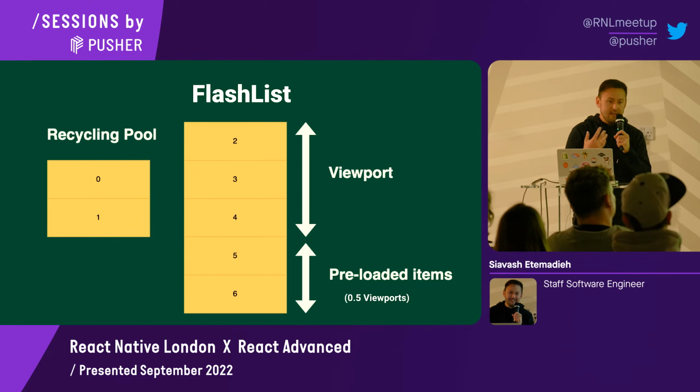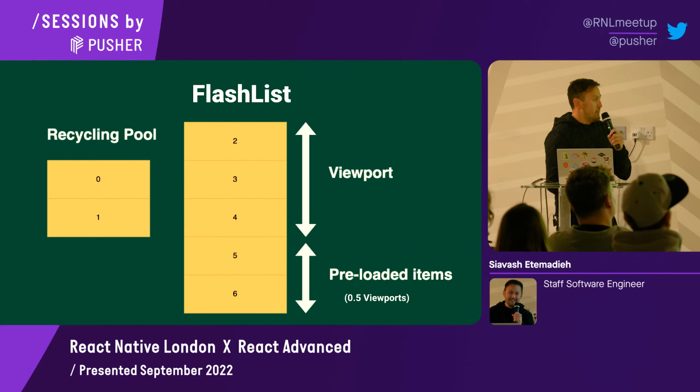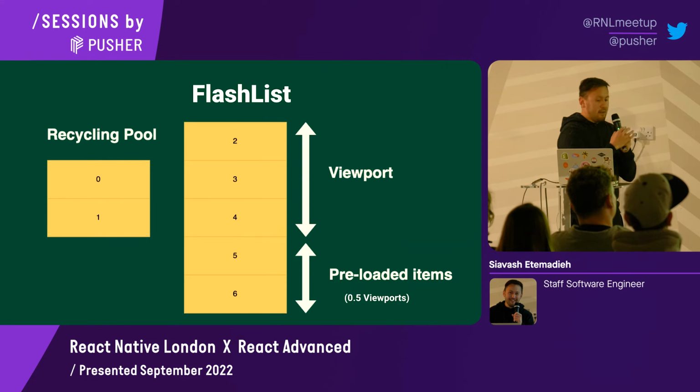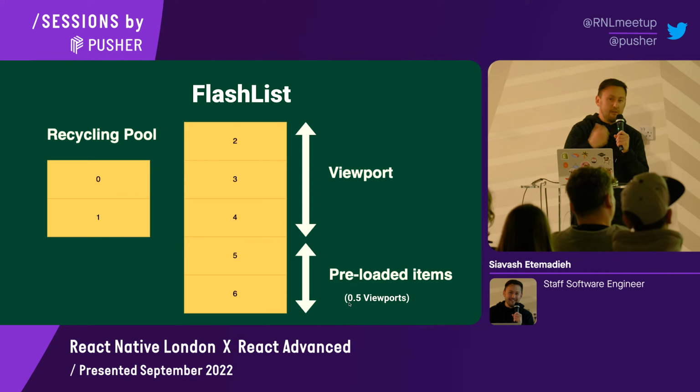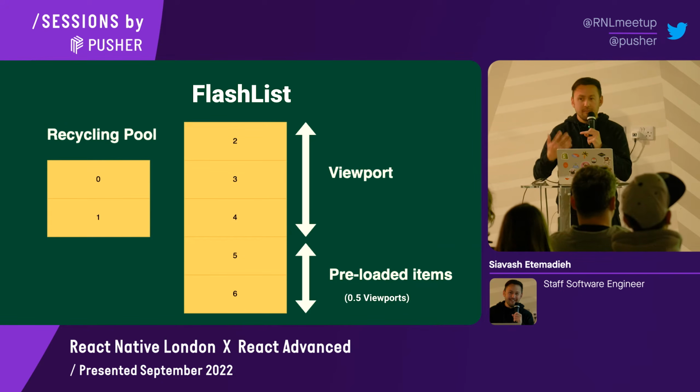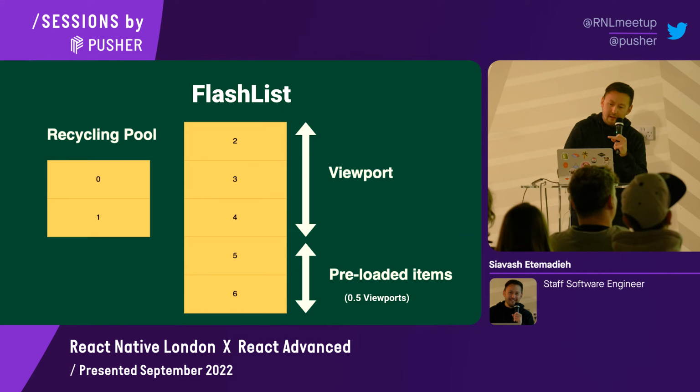We're also not saturating the bridge. So we got a lot of performance just by adopting recycling. And it turns out that we didn't need to preload so much under the fold. Here, we only preload half a viewport of items, and we were still able to get that silky smooth scroll. Whereas FlatList defaults to 10 viewports, which is thousands of pixels of items underneath that you don't see.